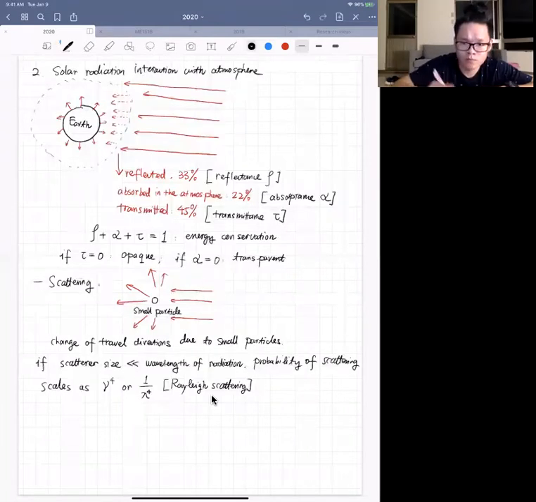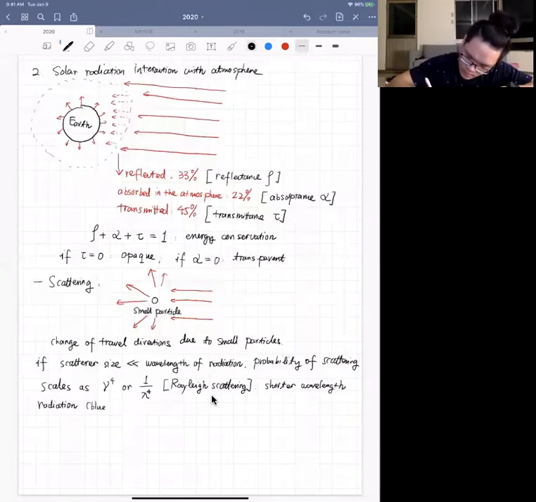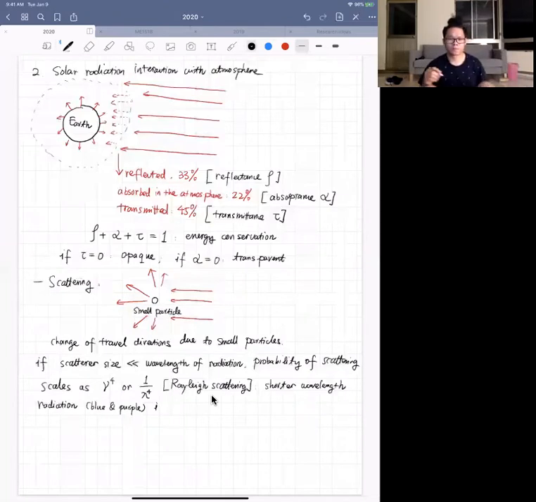This means that shorter wavelength radiation, in this case blue and purple in the solar spectrum, is much more strongly scattered.